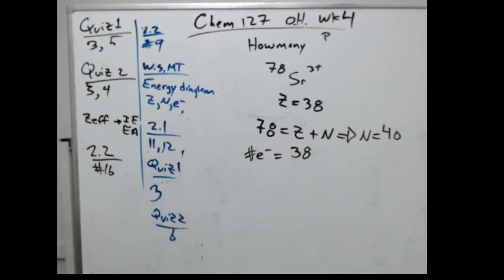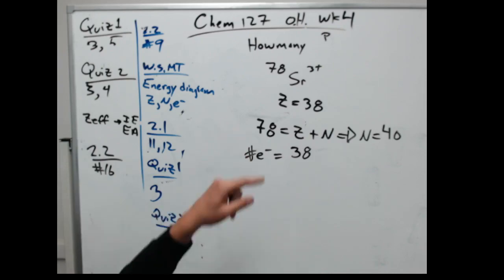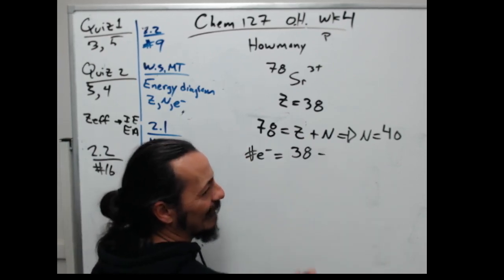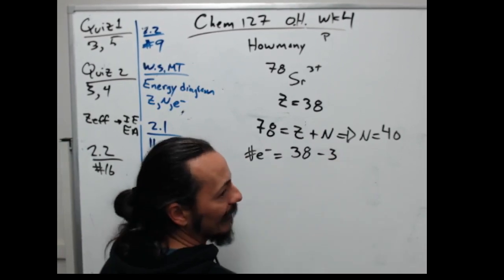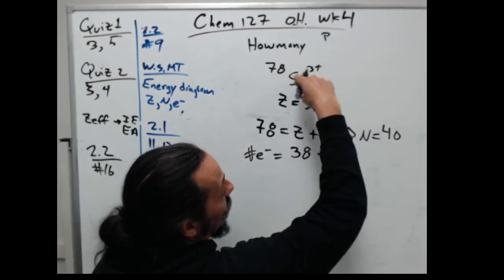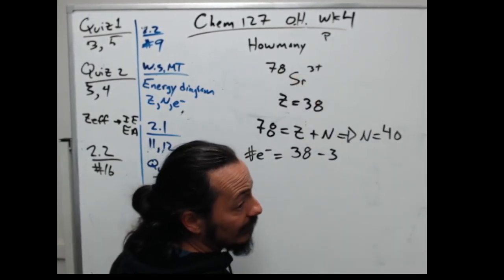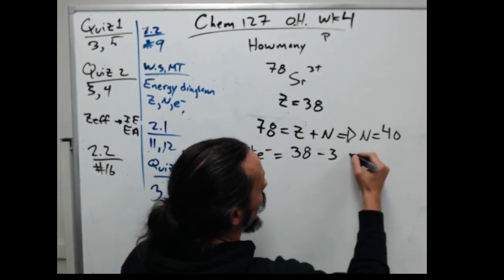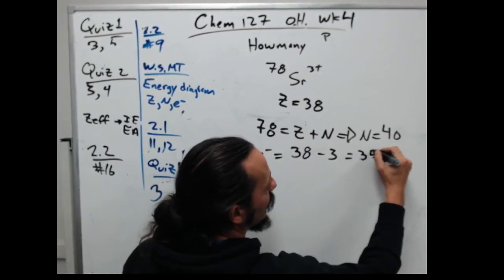Now, am I going to add more electrons or take electrons away if it's a positive ion? Are electrons positive or negative? They're negative. So if I want a positive charge, I need to take electrons away. I'm going to take 3 electrons away to make a +3 charge on the ion. That's going to be 35 electrons.